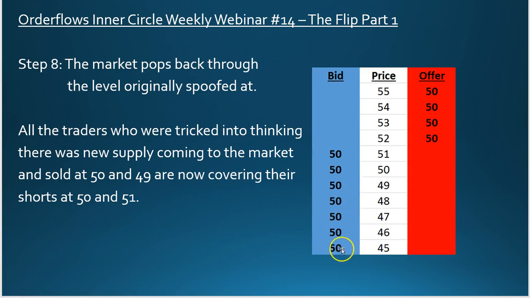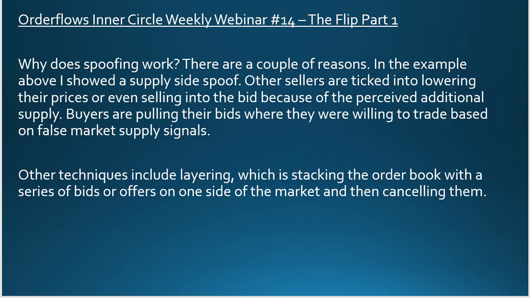Then as price gets there, you just start pulling them, but really you're just trying to give the impression that there's a lot of support in the market, or a lot of resistance, or a lot of demand or a lot of supply. And that's illegal too. It's called layering. Basically you're stacking the order book with a series of bids or offers on one side of the market and canceling them as you get close.